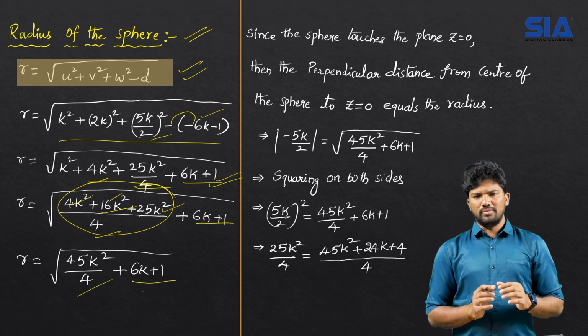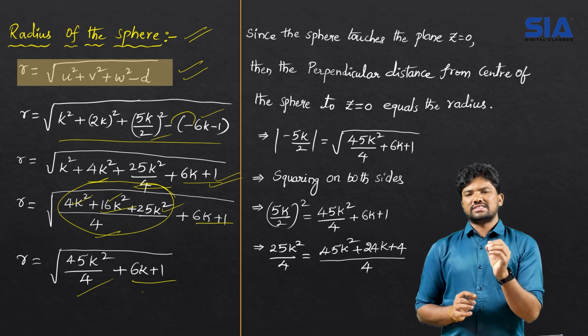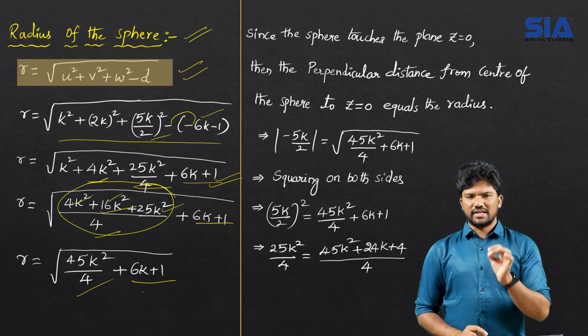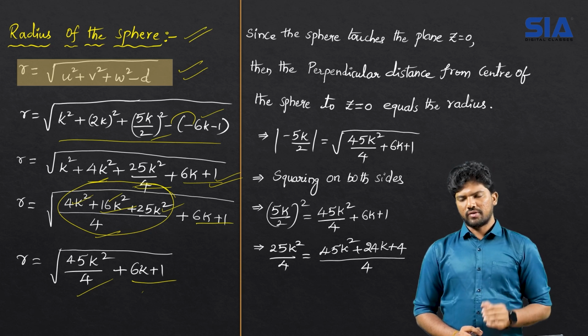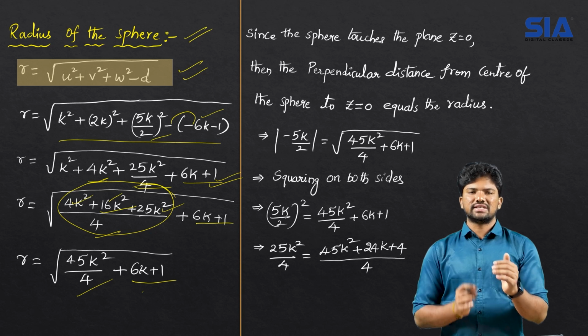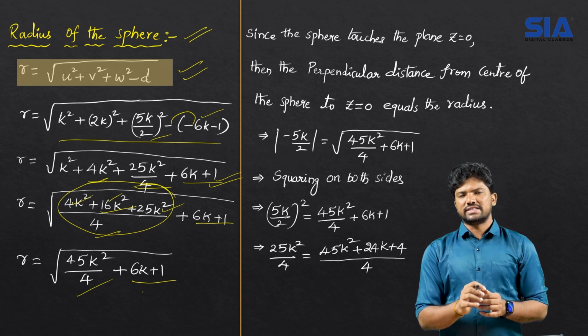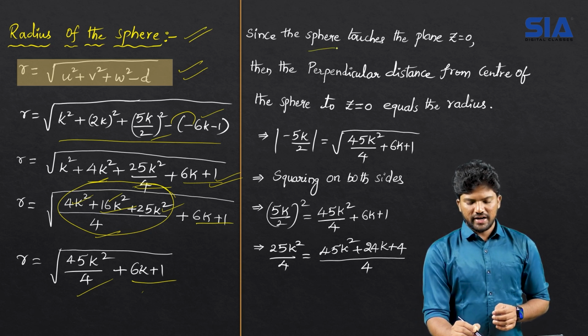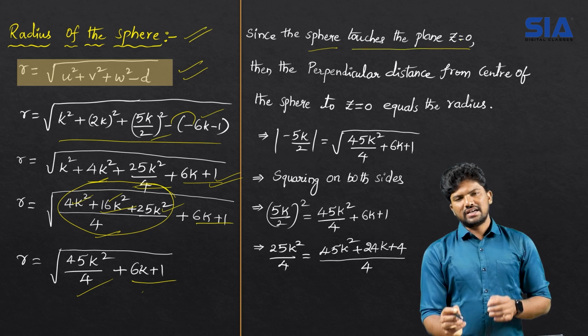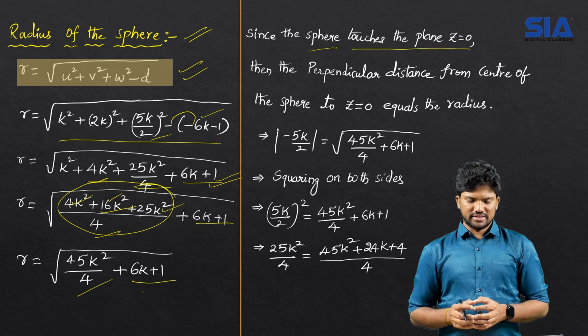Since in the problem the sphere touches the plane z is equal to 0, that is the given second condition. Okay, required to find the required sphere, that sphere passing through the circle, and one more condition is there. So the required sphere touches the given plane z is equal to 0.